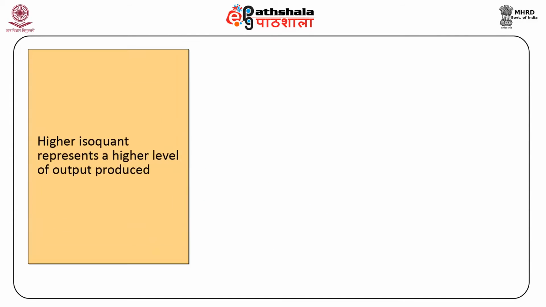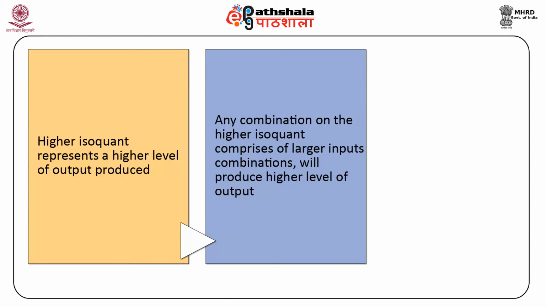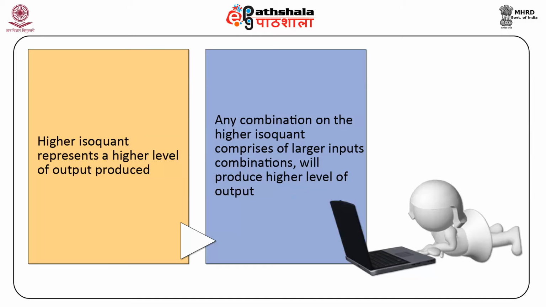Additionally, higher isoquant represents a higher level of output produced. This is because any combination on the higher isoquant comprises larger input combinations which will in turn produce a higher level of output.